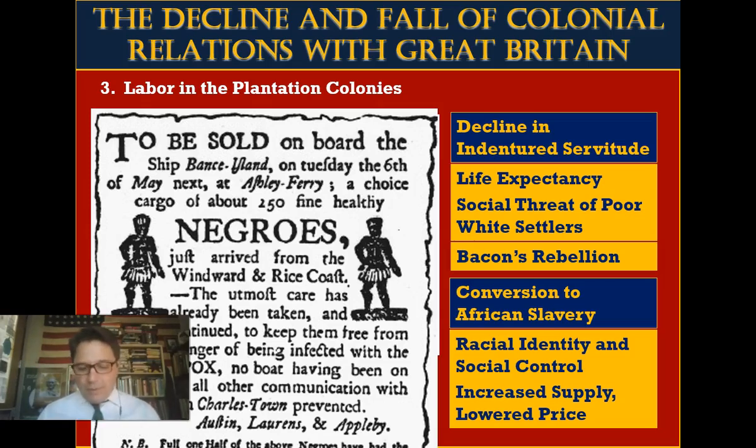But as you will remember, with higher life expectancy, problems stemming from troublemakers like Nathaniel Bacon, and the emergence of a global industry built around enslaving people and transporting them to the New World, plantations began bringing in more and more enslaved people. And the result was a steady labor supply with lower production costs.